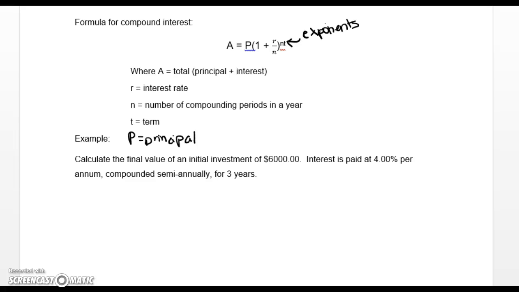In terms of this formula, there's really no easy way of helping you remember it, so you're really just going to have to memorize it. Part of memorizing an equation is practicing it, so we're going to do example 2b from our notes.